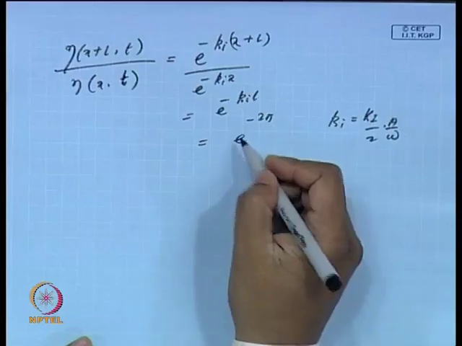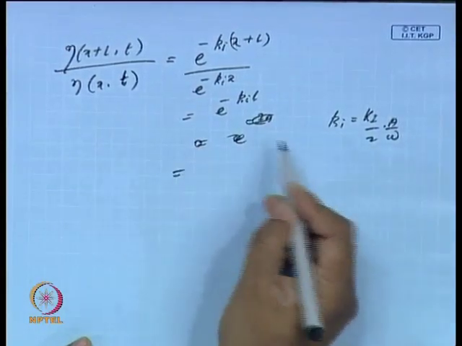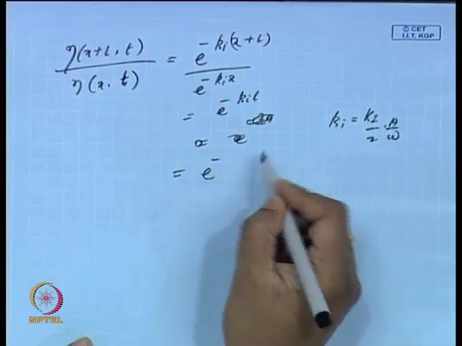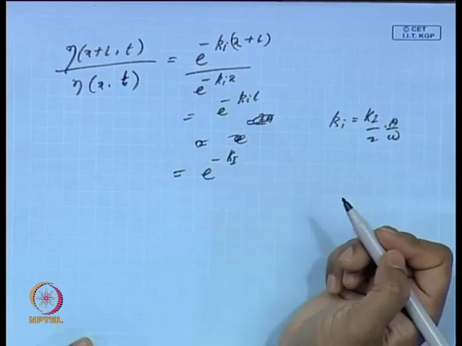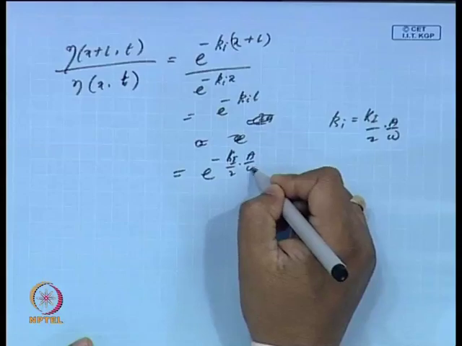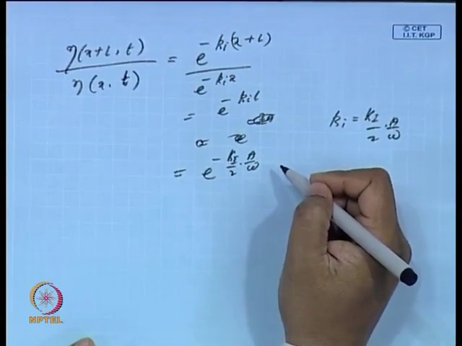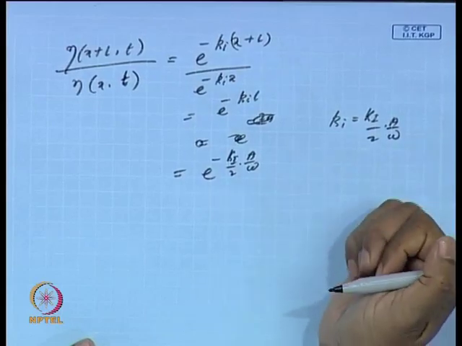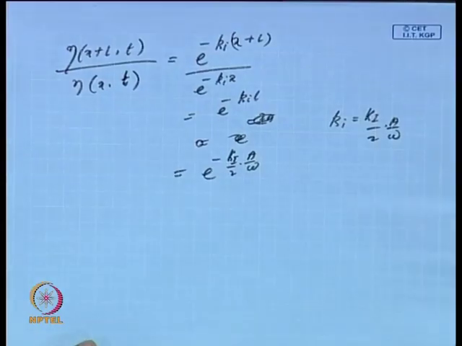So, if I substitute for this, this will give me e to the minus k_i, which is K_I by 2 into a by omega, k_i by k_r into k_i L.